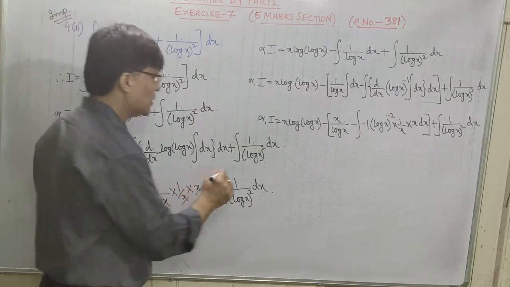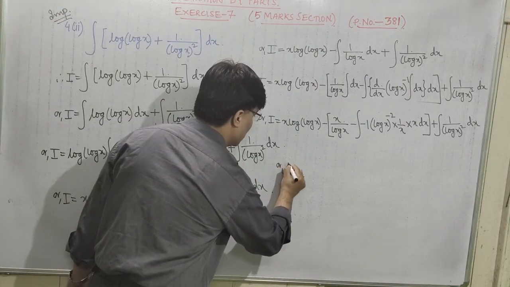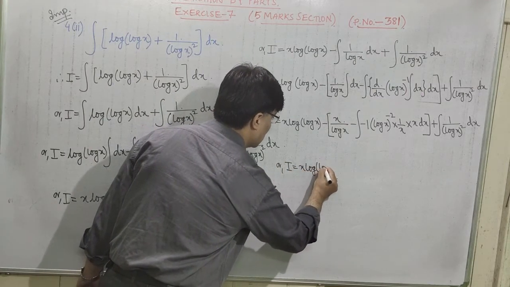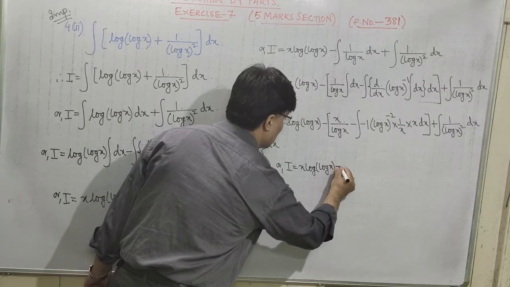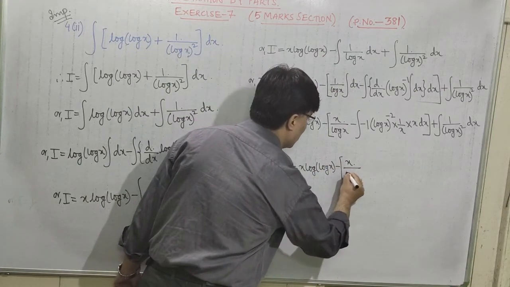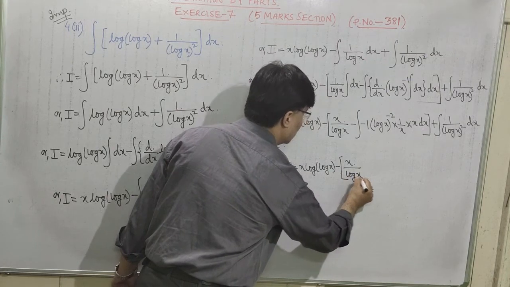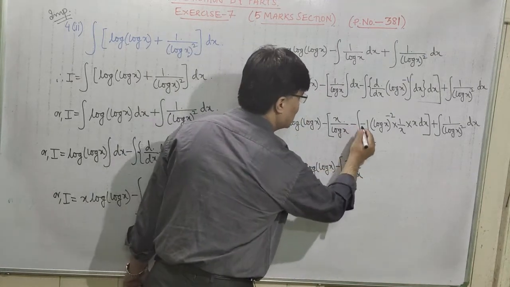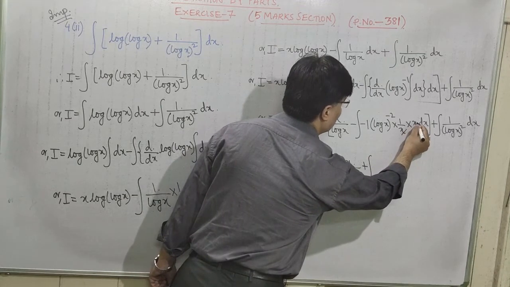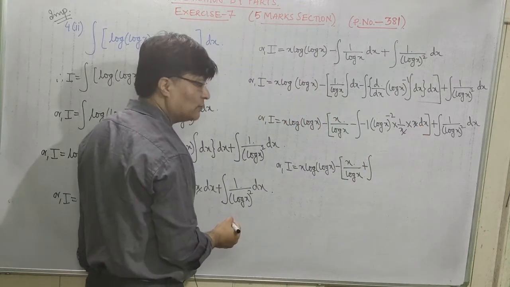Okay. So in the next step, I is equal to x log of log x minus, within the third bracket, x upon log x, so this is minus into minus, plus the integration of, here this x x will be cancelled.